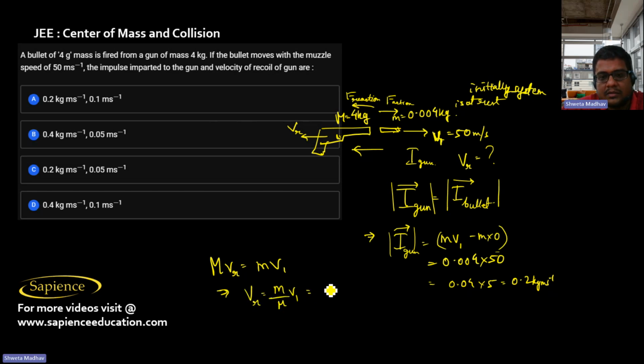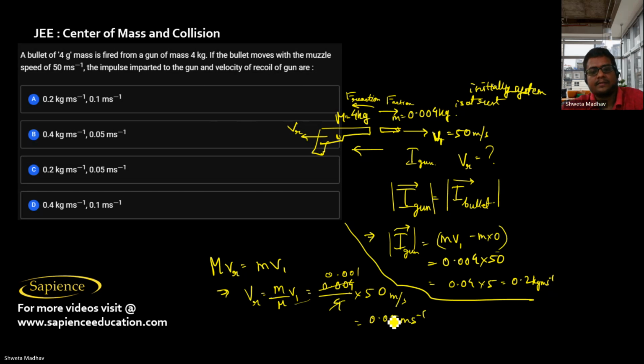So m, the mass of the bullet, is 0.004, by the mass of the gun, that is 4 kg, into v1, that is 50 meter per second. So that will be 0.001 into 50, that is 0.05 meter per second. So option C is the correct answer.